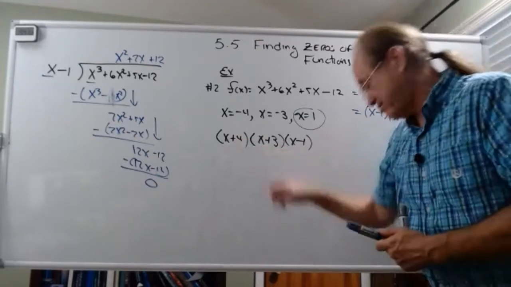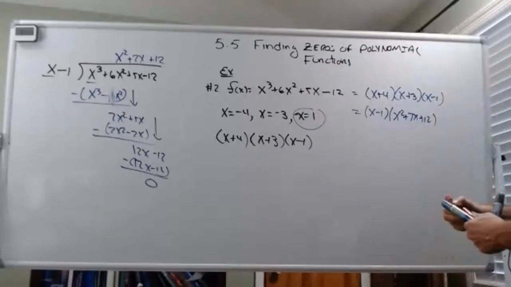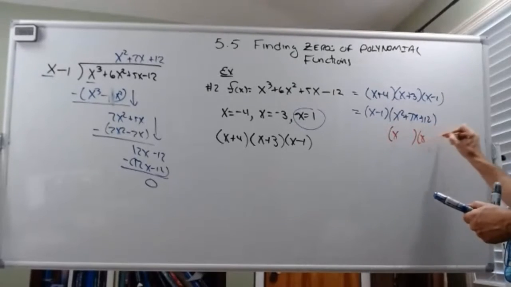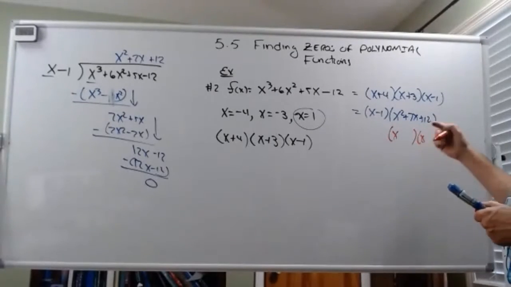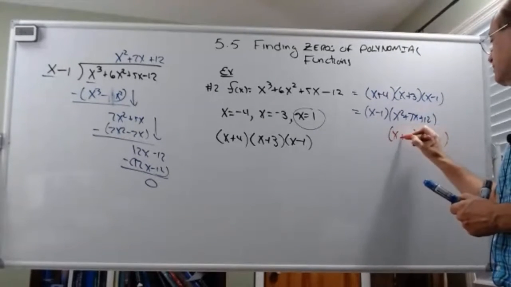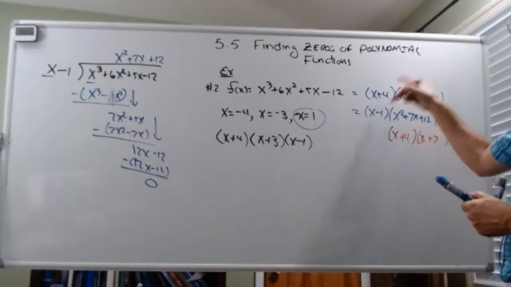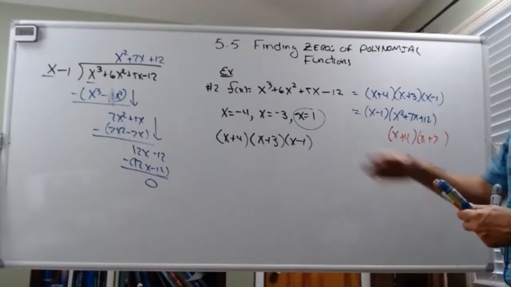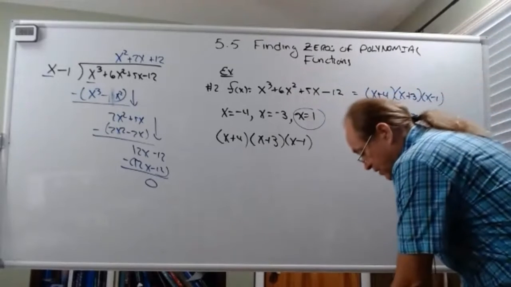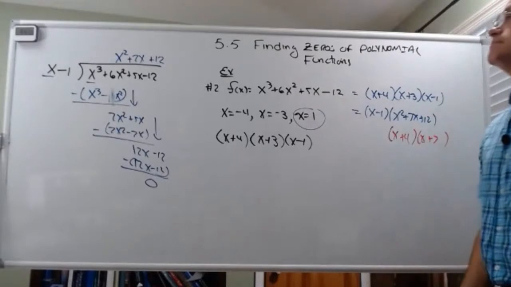If I didn't notice these right away, I could ask, can I factor this trinomial? I put an x and an x, and then I'm back to my algebra skills. Two numbers that multiply to 12 and add up to 7. Well, 4 and 3, plus 4, plus 3. So that's one of the ways of doing it. This one was a little bit easier because we could see them all as their real number counterparts.